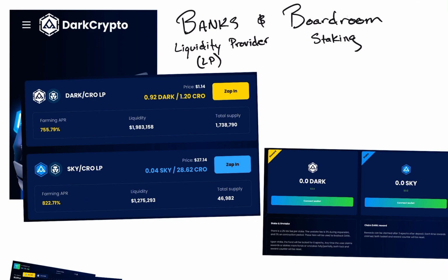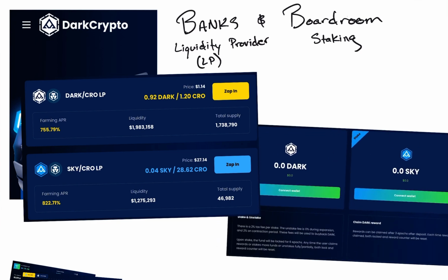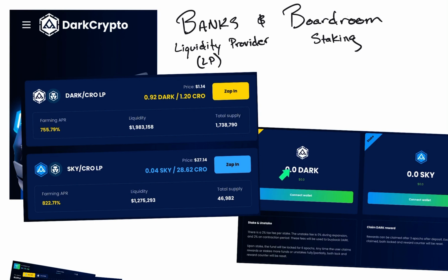You earn Sky as rewards. You then are able to stake your Sky in the boardroom, which would issue you more rewards in Dark, which you could then zap back in to more liquidity. That's just an example of how the loop could work.